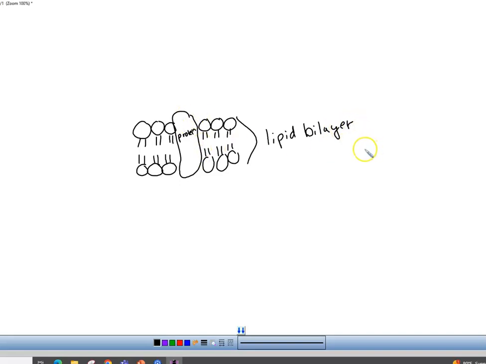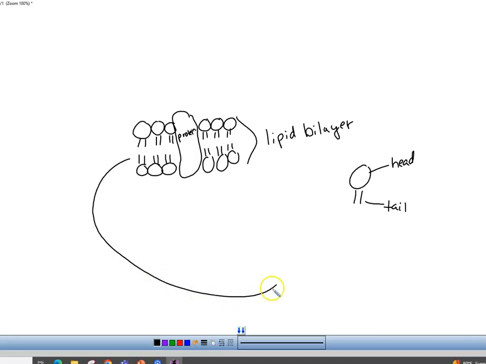That makes sense. The lipid bilayer, the little guy, has a head and it's got a tail. Why is that important? Well, if this were our cell, and I'm not going to draw all these around, this would be inside the cell, and these would go all the way around, and this would be outside the cell.